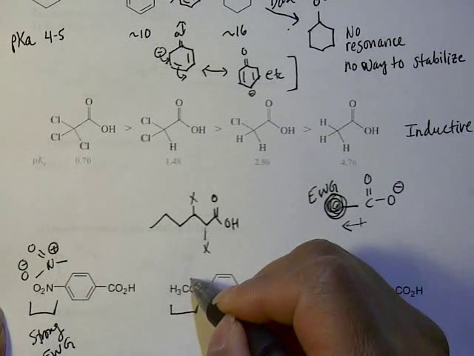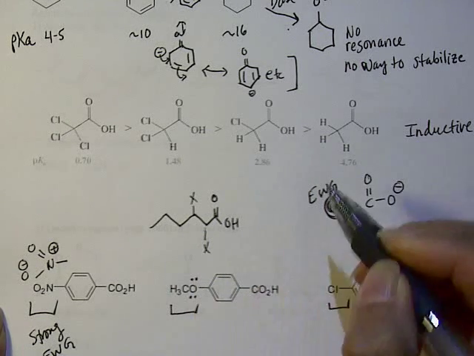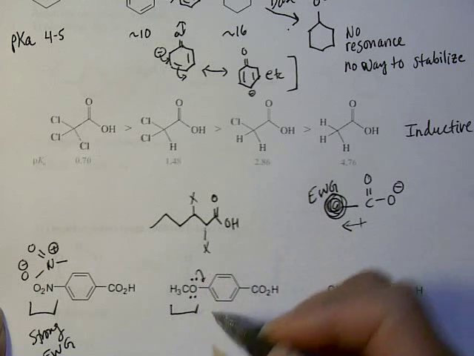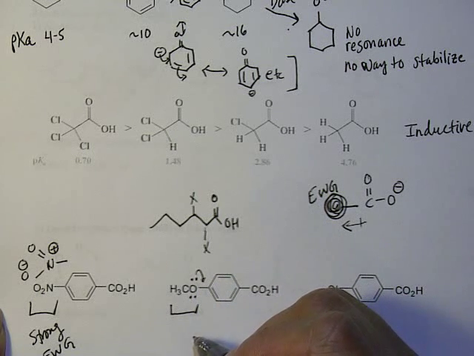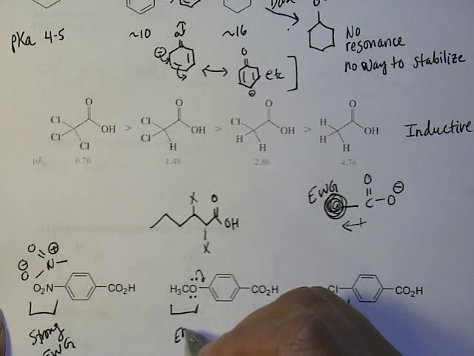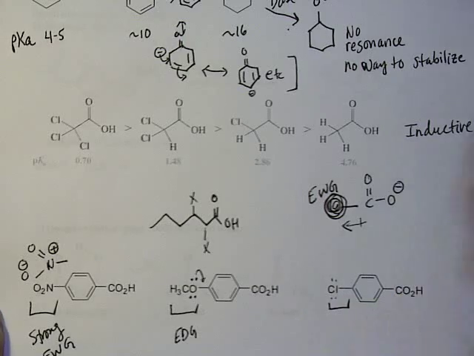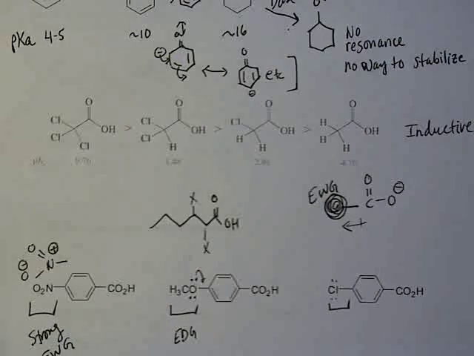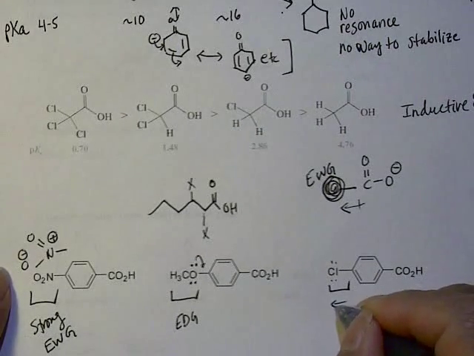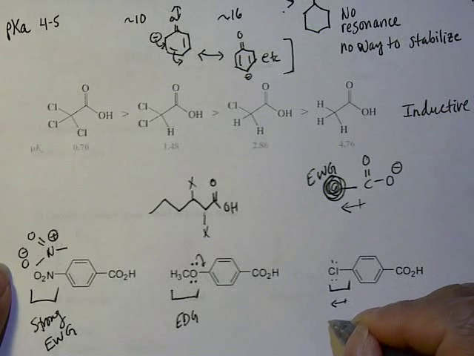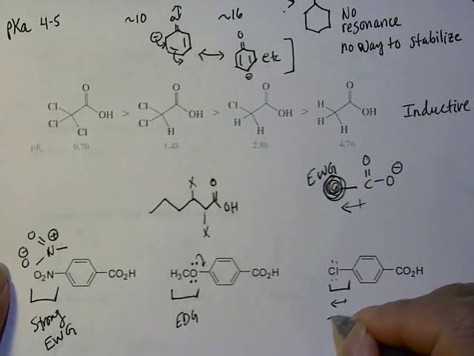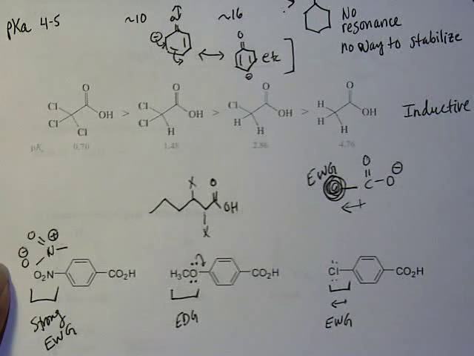All right, whereas the methoxy group has an electron donating effect because of the lone pair on it that could distribute. So this is a slightly electron donating group. And then chlorine is, remember, an electron withdrawing group, not a very strong one, but a weak electron withdrawing group.